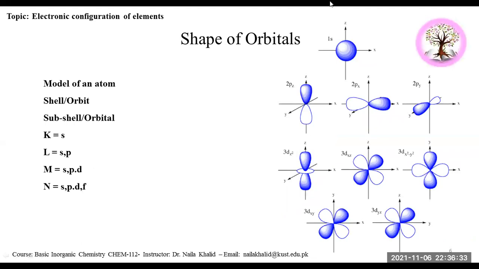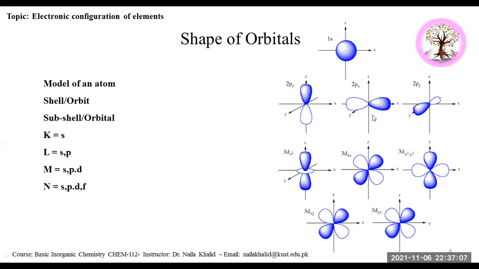So there are different types of orbitals. In the first shell there is an s orbital. In the second shell there are s and p subshells, and in the third there are s, p, and d, where the n shell is further divided into s, p, d, f. This is the shape of the s orbital. However, the p orbital is dumbbell shaped.